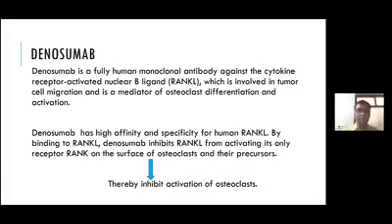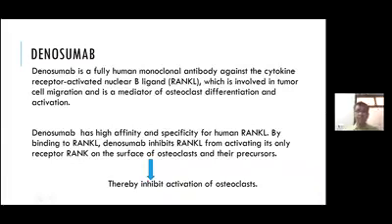Coming to the denosumab. Denosumab is a fully human monoclonal antibody which acts against the RANK ligand, which is involved in tumor cell migration and is a mediator of osteoclast differentiation and activation.